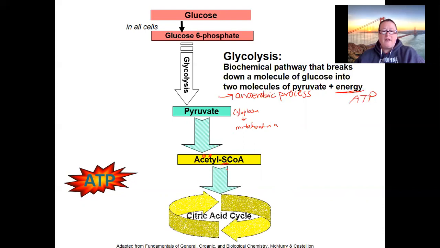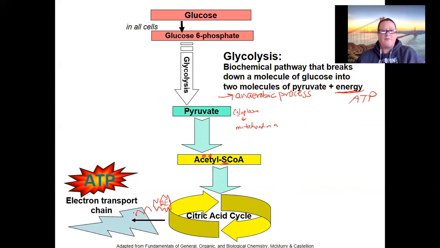The acetyl-CoA is then entered into the citric acid cycle, after which our high energy reduced enzymes go to electron transport, and we get oxidative phosphorylation that turns ADP into ATP.